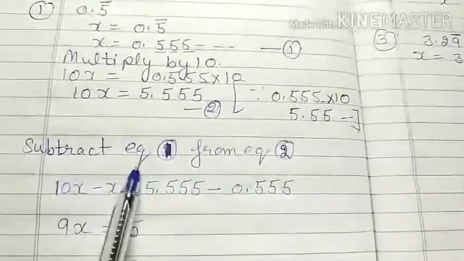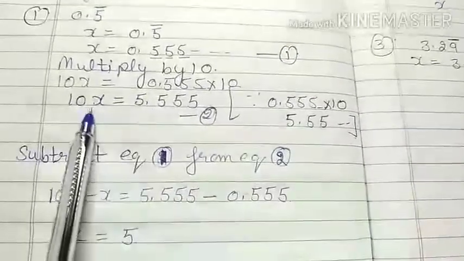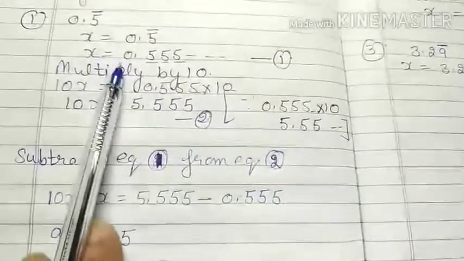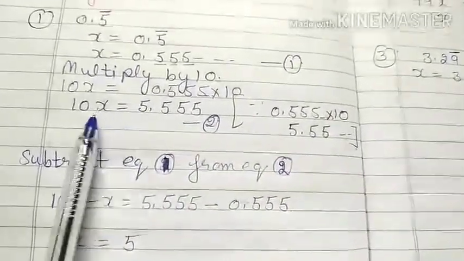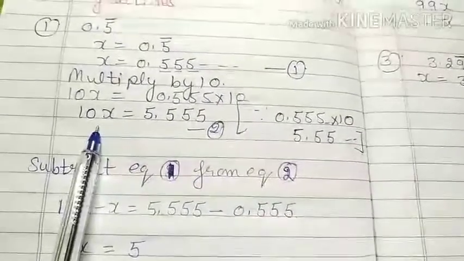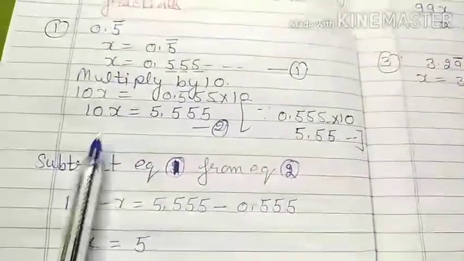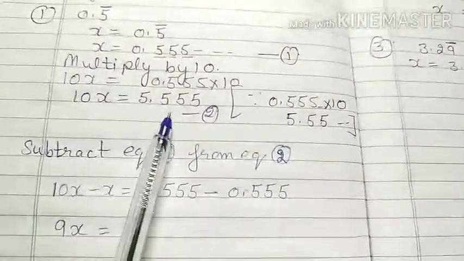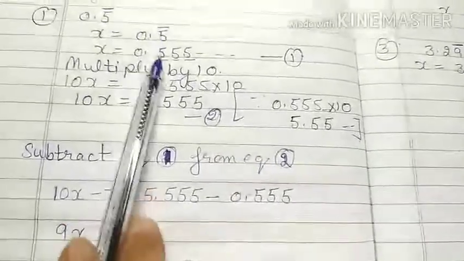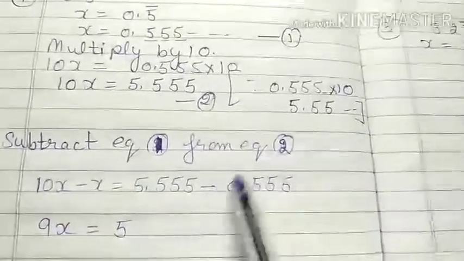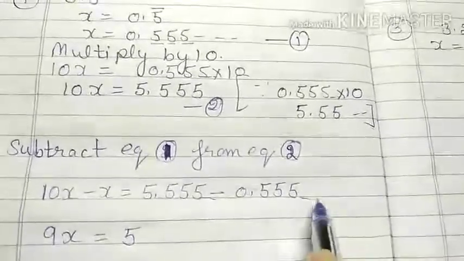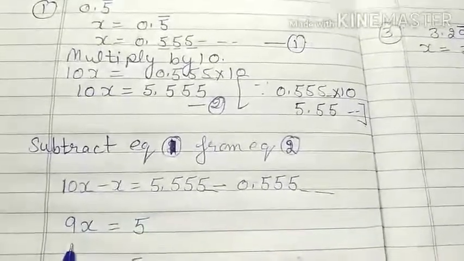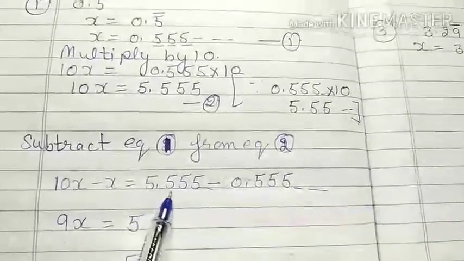Now subtract equation 1 from equation 2. You have two equations, so mark the first and second equation. Left side subtracts from left side, and right side from right side. 10x minus x on the left, and 5.555 endless minus 0.555 endless on the right. 10x minus x gives 9x.